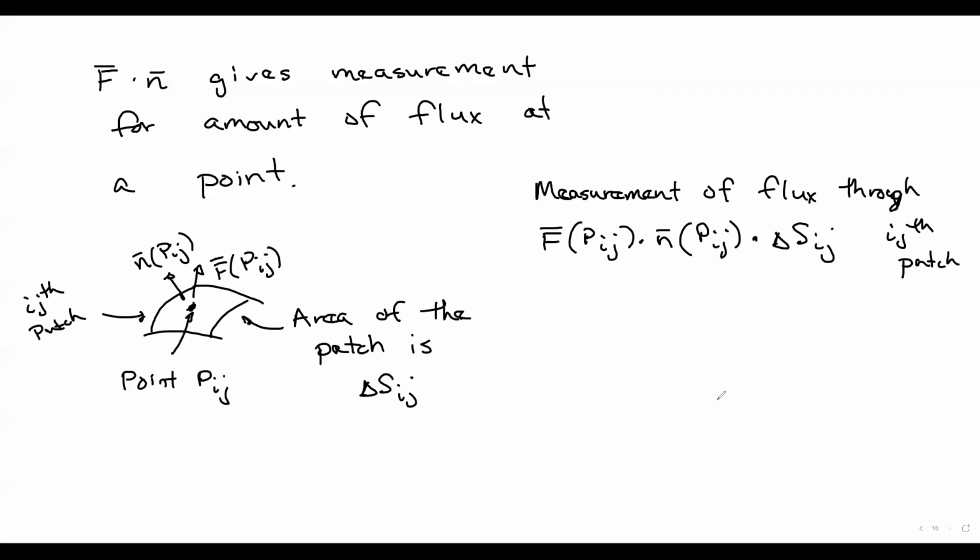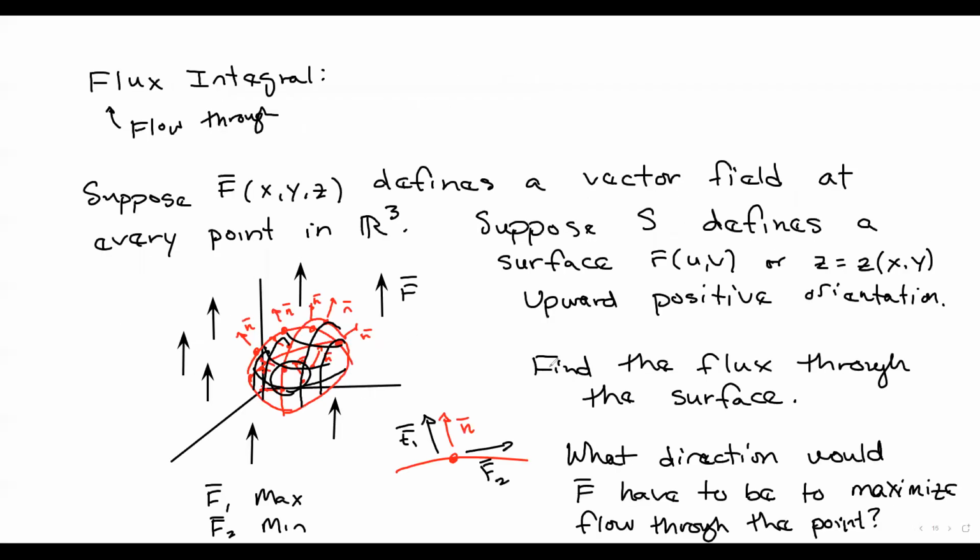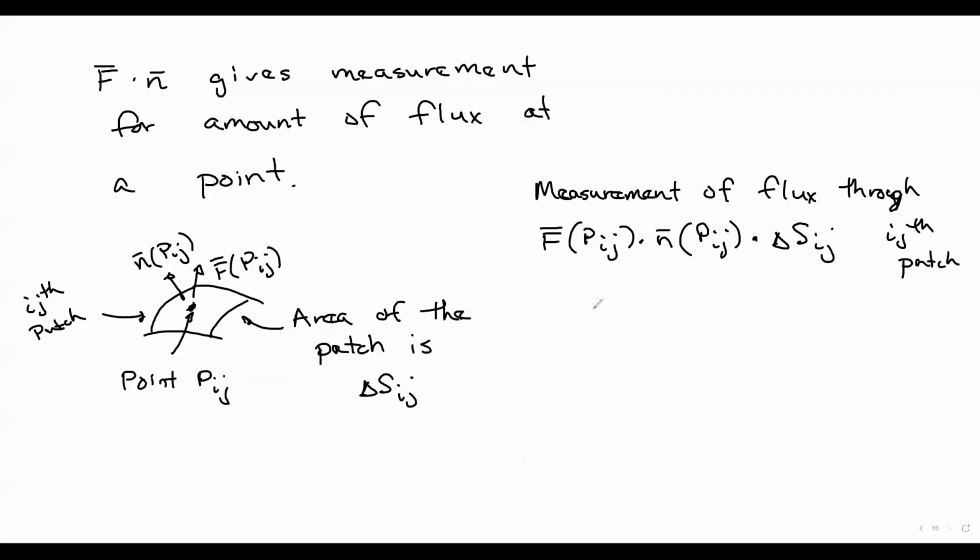And then from there, all you've got to do is take this and sum it across the entire surface. You'll do that with a couple of summation symbols: m and n to infinity, number of patches to infinity, i equals 1 to n, j equals 1 to m.